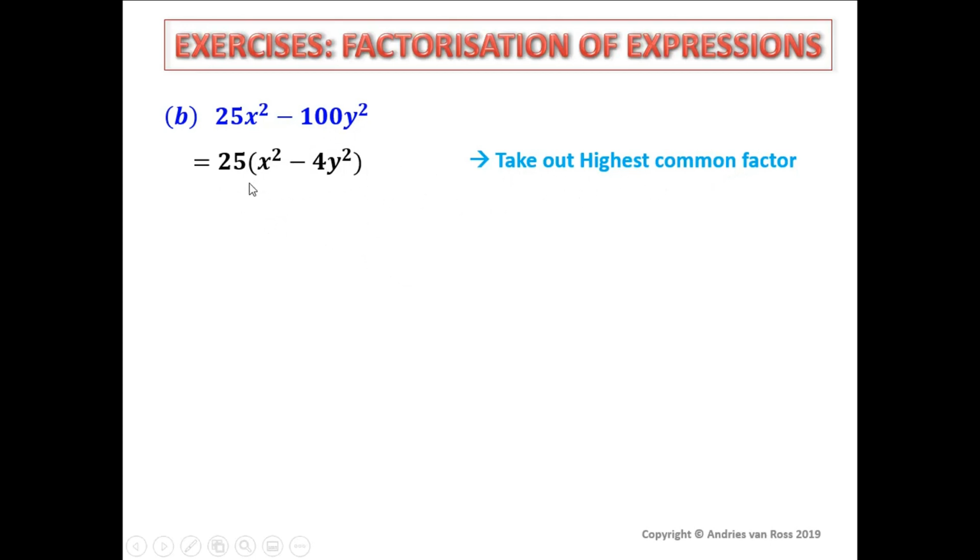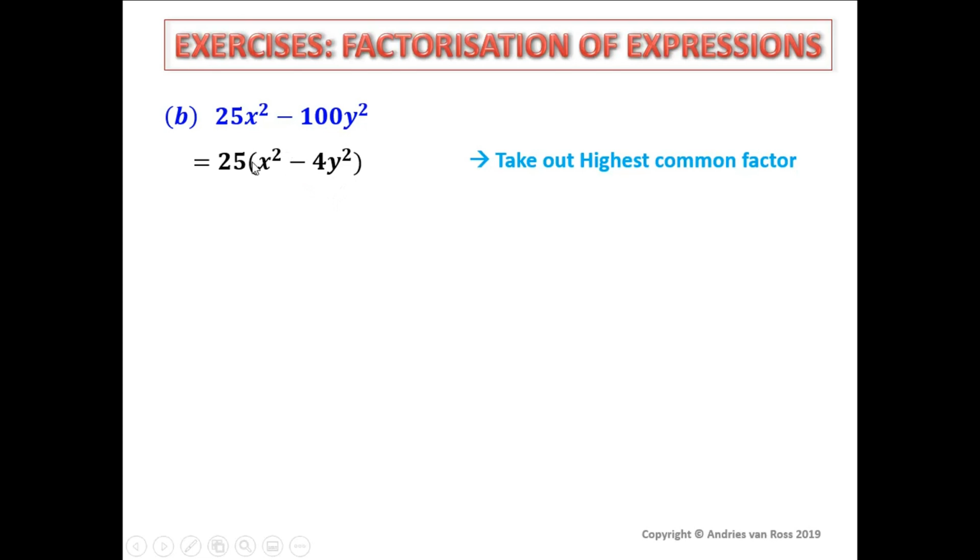So the next step now is to look, do we have a difference of two squares? Here we've got x squared, we've got a minus, and we've got 4y squared. So we see yes, because 4 is 2 squared and y squared we have as a square.